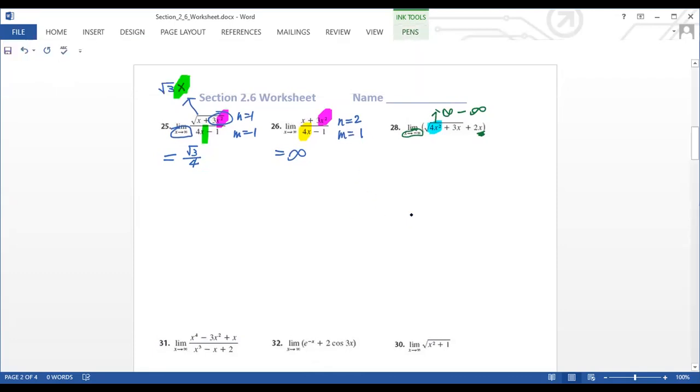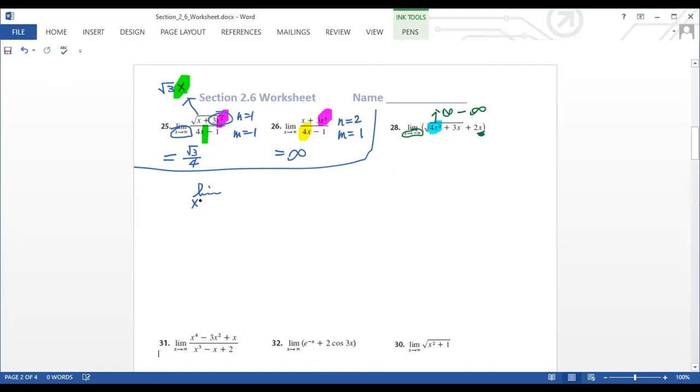And from our previous lecture, previous practice set, we said if you see a square root, what method do I probably need to use here? I probably need to use the conjugate technique, right? So let's see here.